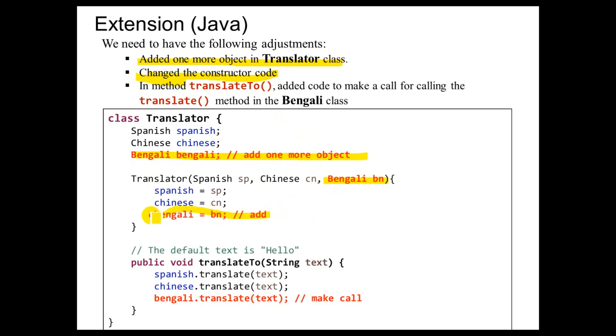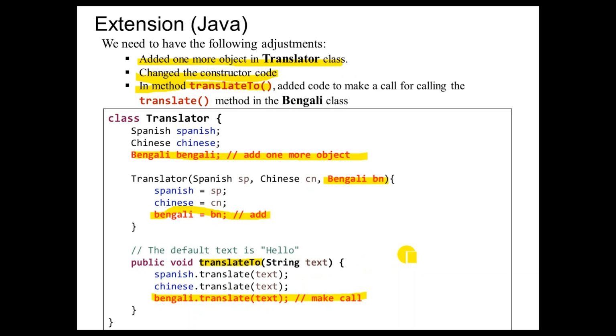Next, in the method translate to, we added code to make a call to the translate method in the Bengali class. This is the extension modification in Java.